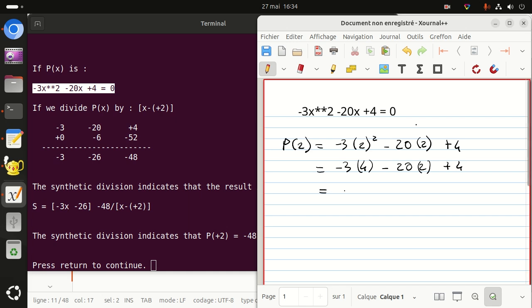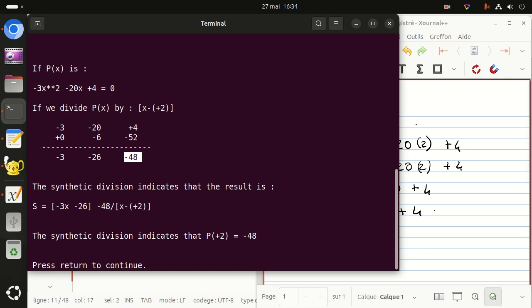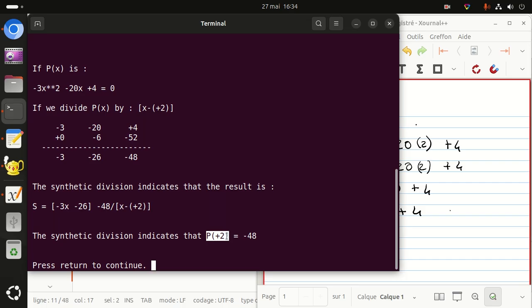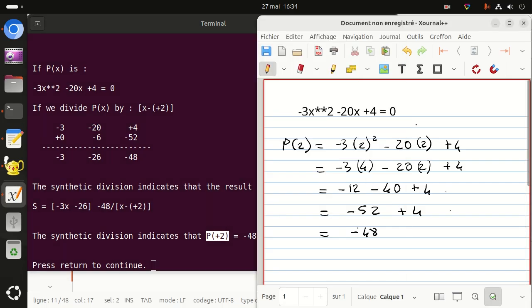This gives minus 12 minus 40 plus 4. This gives minus 52 plus 4, which equals minus 48. This is the remainder, and also p of 2. Voilà.